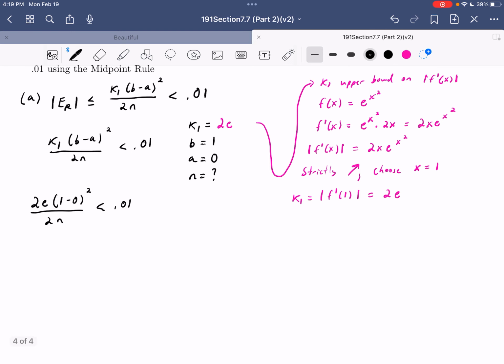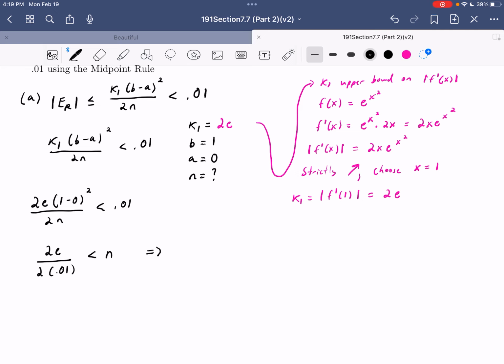And if we do a little manipulation, we can bring this n over here and the 0.01 down. Notice that this just becomes 2e, that (1 minus 0) squared is just 1, then times 2 times 0.01, less than n. Now let's go ahead and evaluate on our calculator that left side.